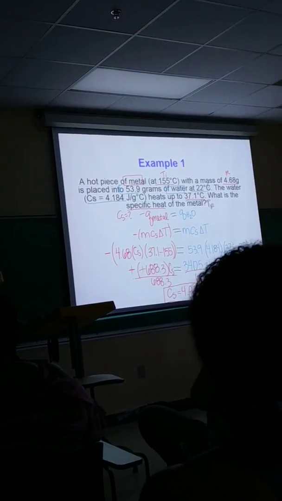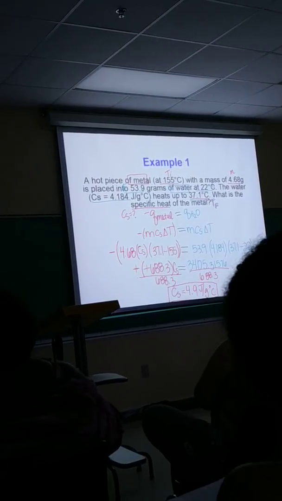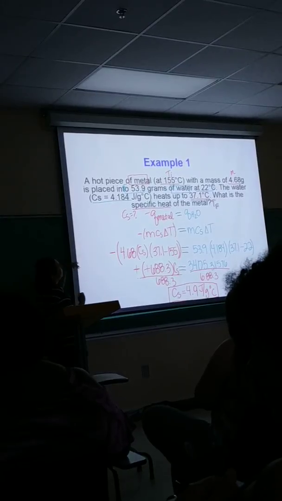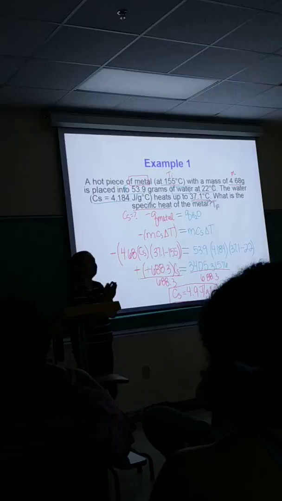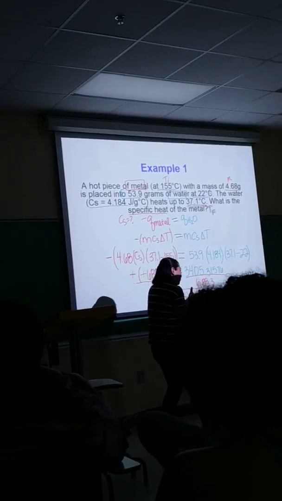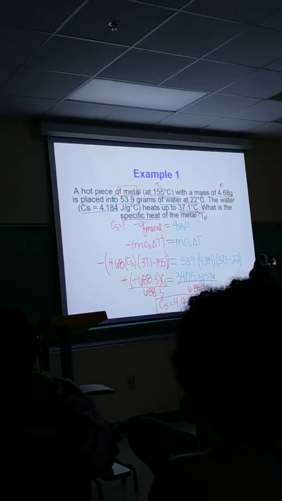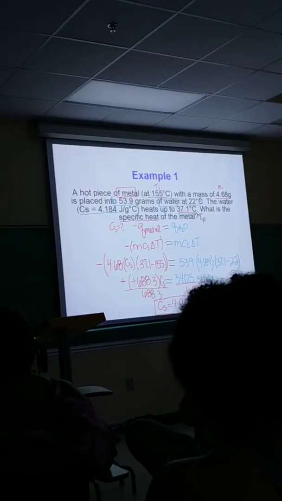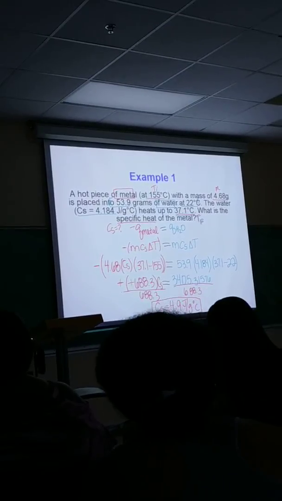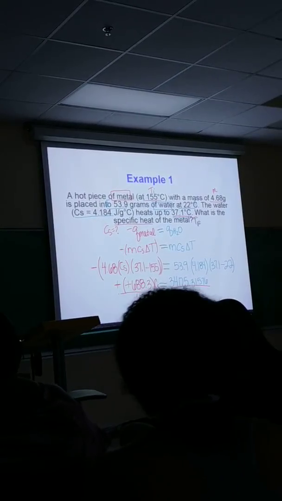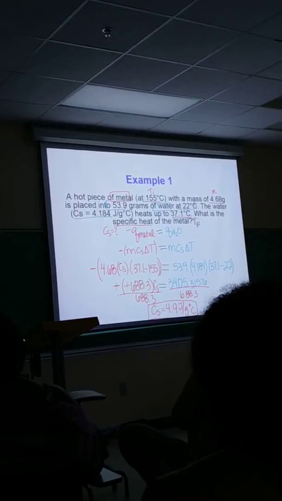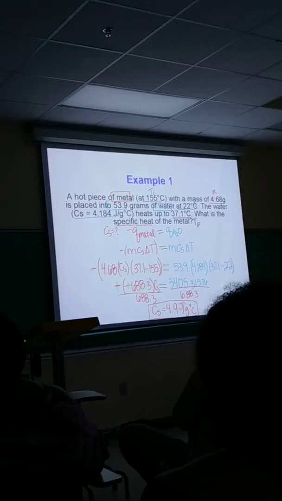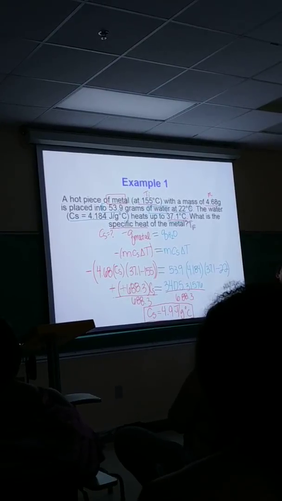Alright. So here's the thing: when you read these questions, they always give you water as the material to calculate the heat capacity. This kind of heat capacity is the specific heat capacity for water at a certain temperature and pressure.